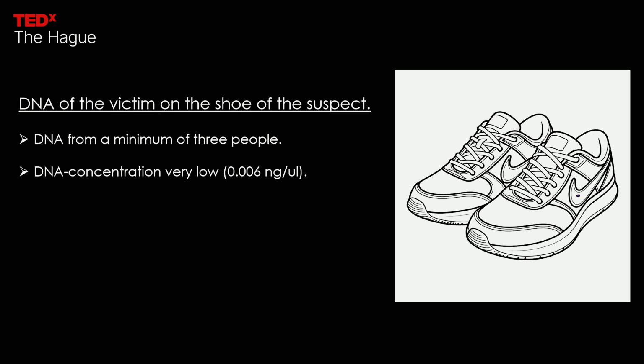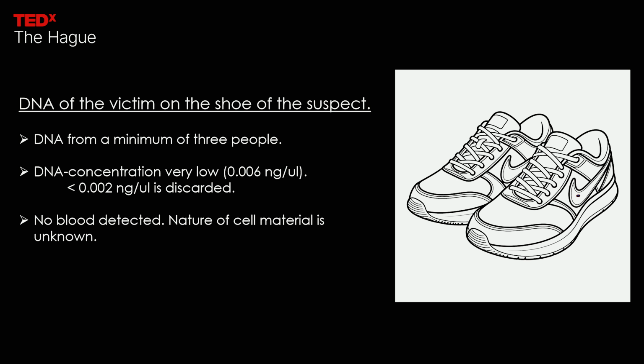The DNA concentration of this trace in the shoe was actually very little. It's 0.006 nanograms per microliter. And why do I state it? Because all of our traces below 0.002 nanograms per microliter are being discarded. So you can see how it's very little DNA, and there are actually 3 donors in there as well.